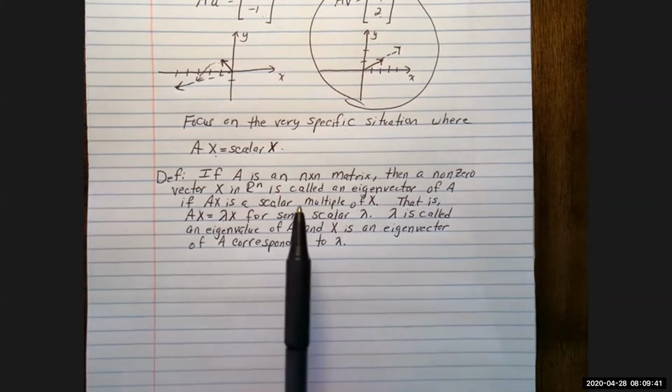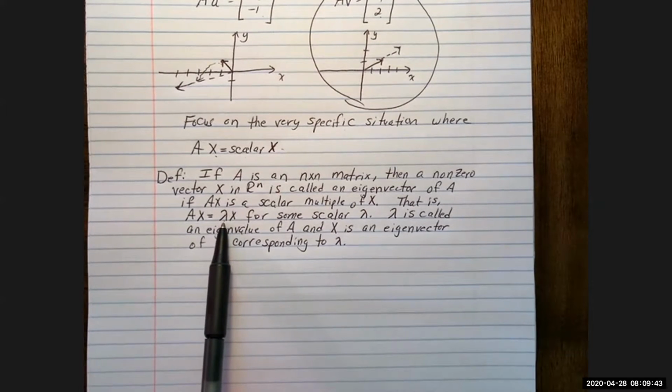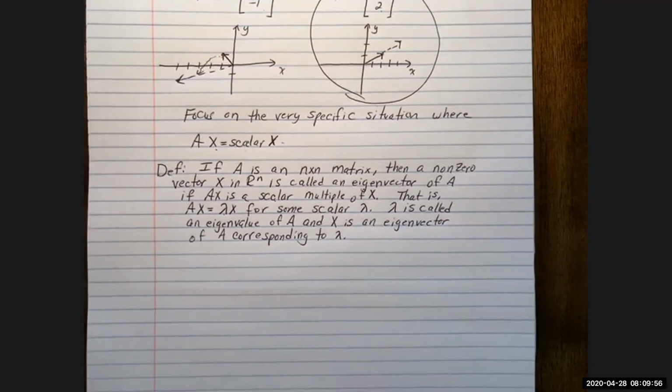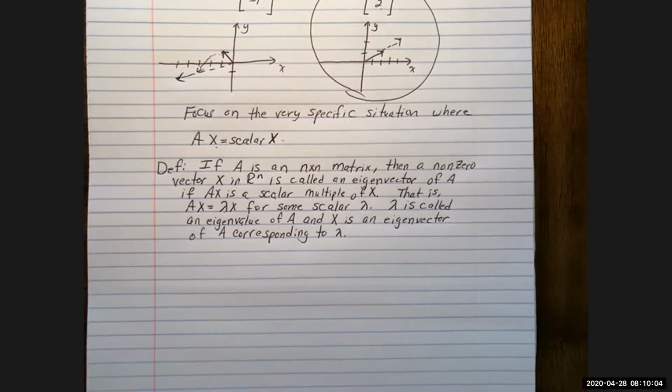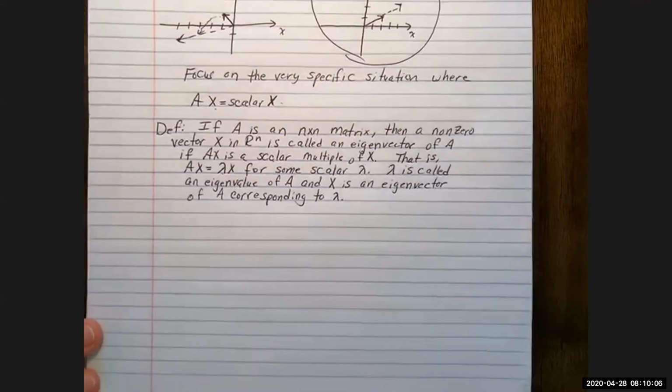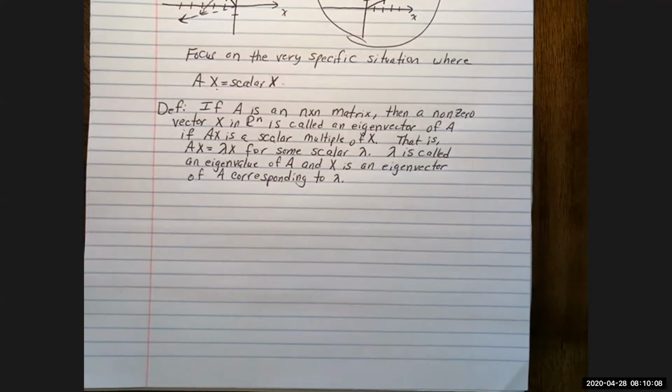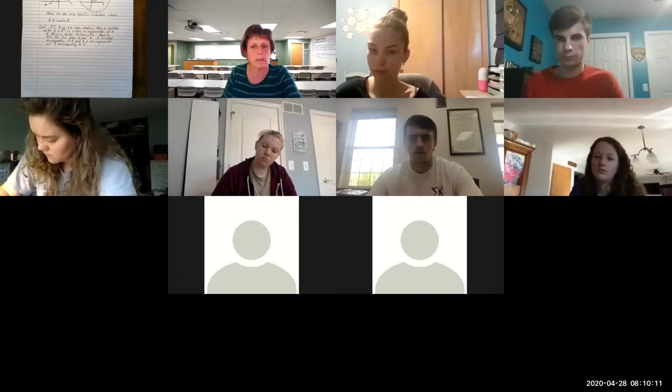The eigenvalue is the number, the scalar that gets multiplied by x, and the corresponding vector that works with that is called the eigenvector. See if you're done writing.